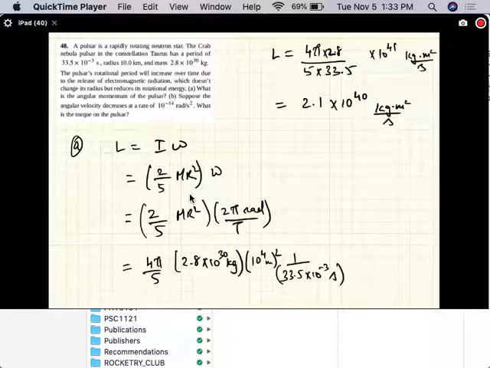Okay, so that's what that works out to. There's that angular momentum.